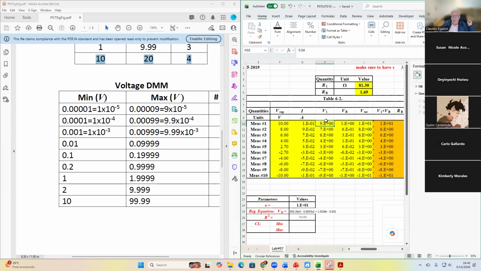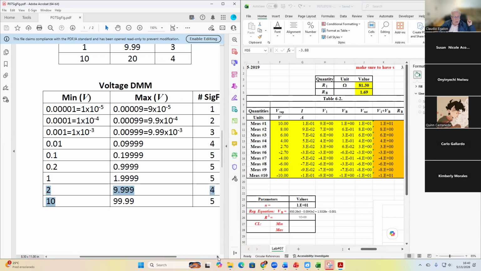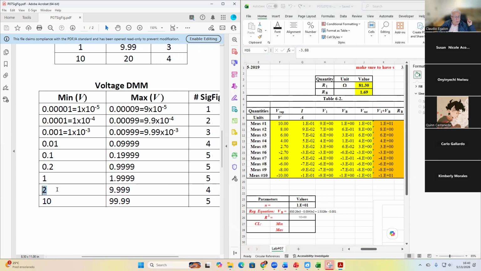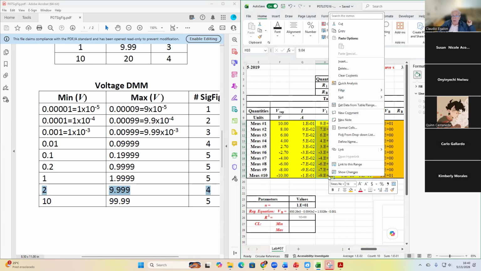Let's start with this one. It should be this row here in the table, voltage DMM, see that? Voltage DMM, between 2 and 9.999.